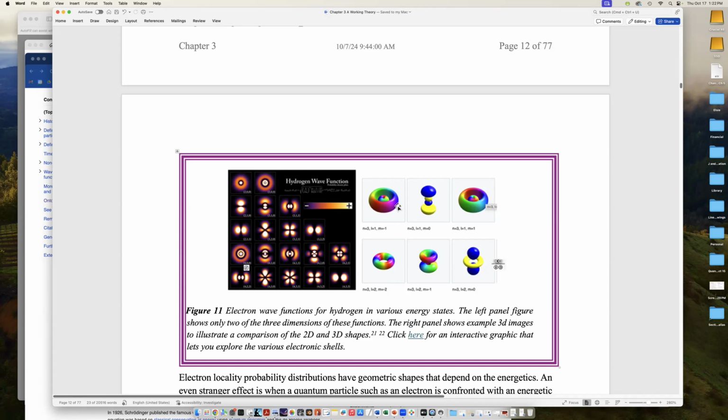If you look for this one, 3, 1, -1, there it's here. Those are fours. It's like this one. In fact, there's a 3, 1, 1, and I think there's a 3, 1, 1 here. Yeah, this and this depict in 3 dimensions and in 2 dimensions the distribution of the electron in hydrogen.